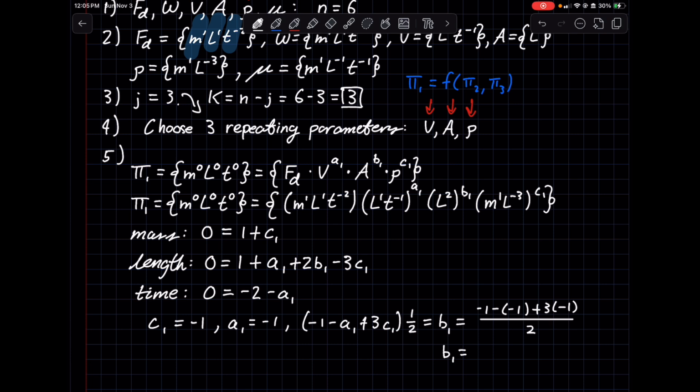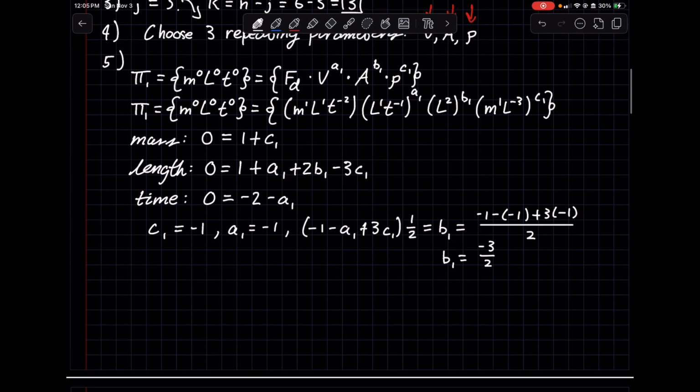So B1 is equal to negative 1 minus minus 1. Also, I know I should be able to do this in my head by now, but I'm currently fighting off a little bit of allergies, so my head's not very clear. So this is negative 3 over 2.